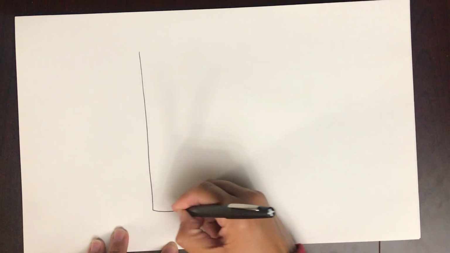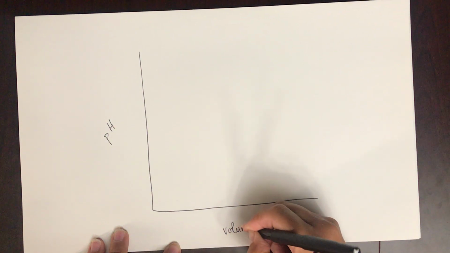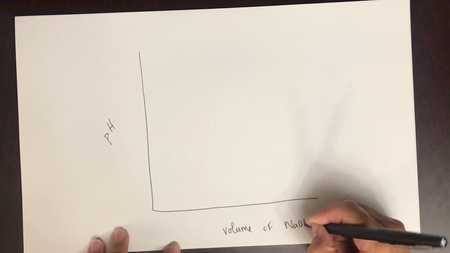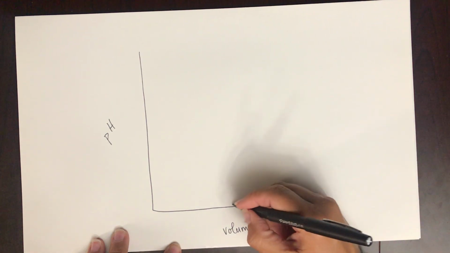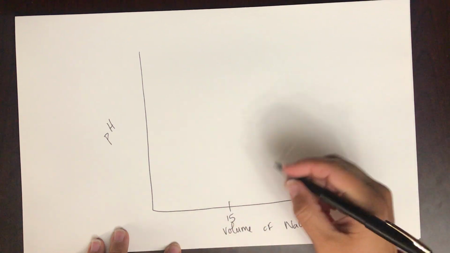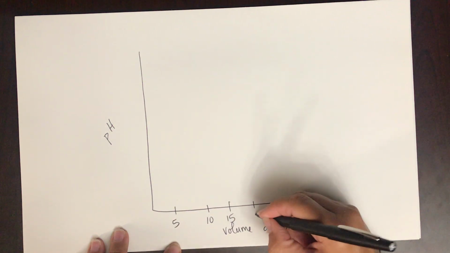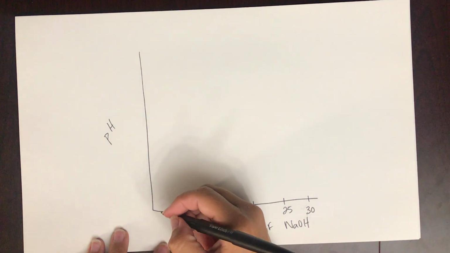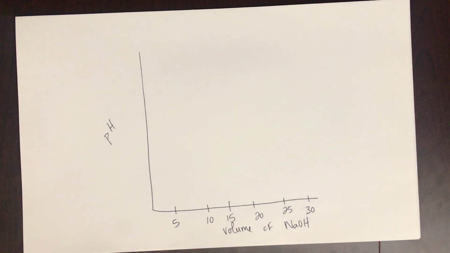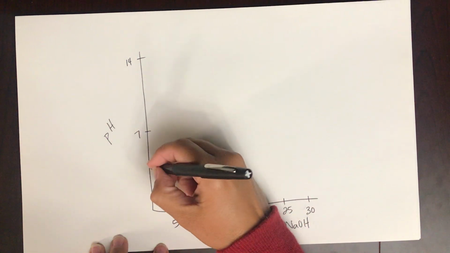So if we were going to draw a titration curve, where this is the pH and this is the volume of sodium hydroxide added, the most we're going to add, we'll say this is 30, 15. So we have added 0, and for pH, let's say this is 14, 7.